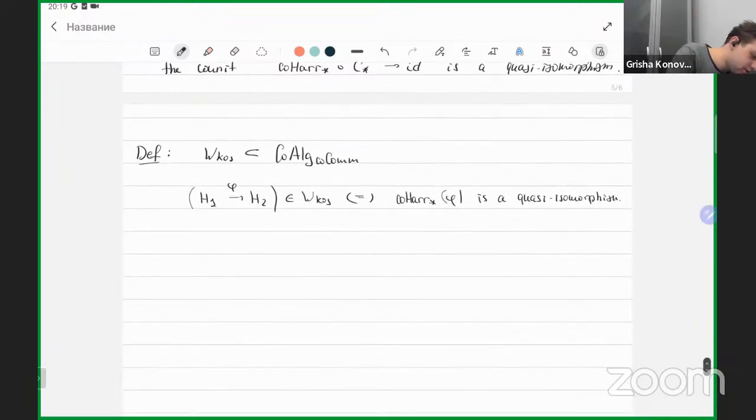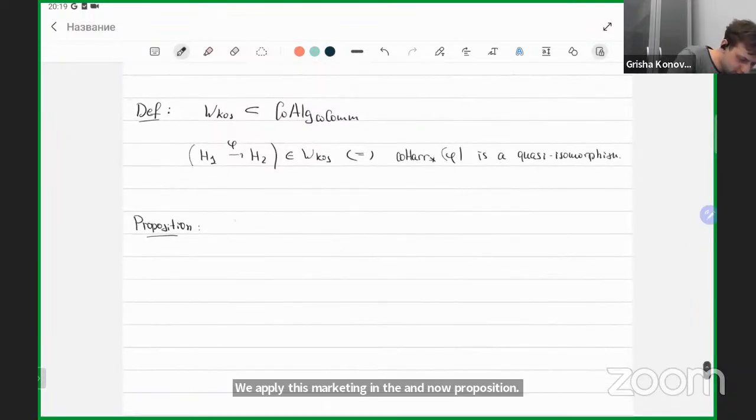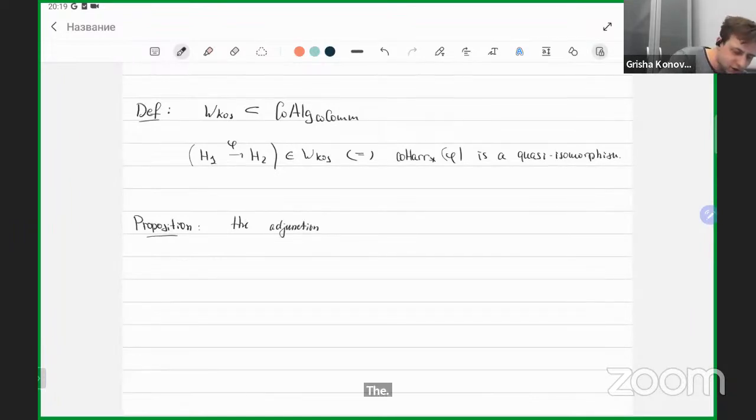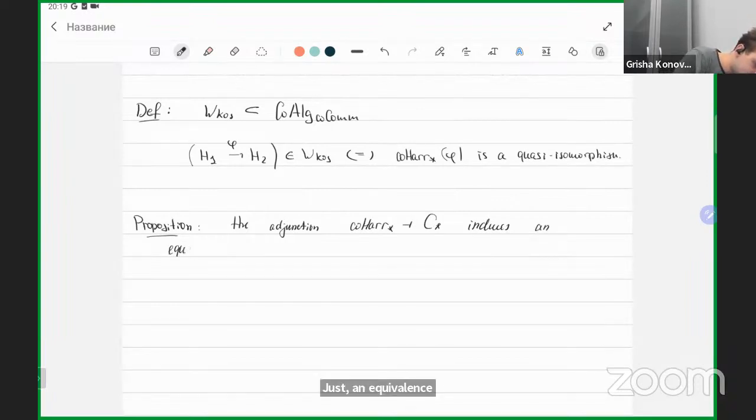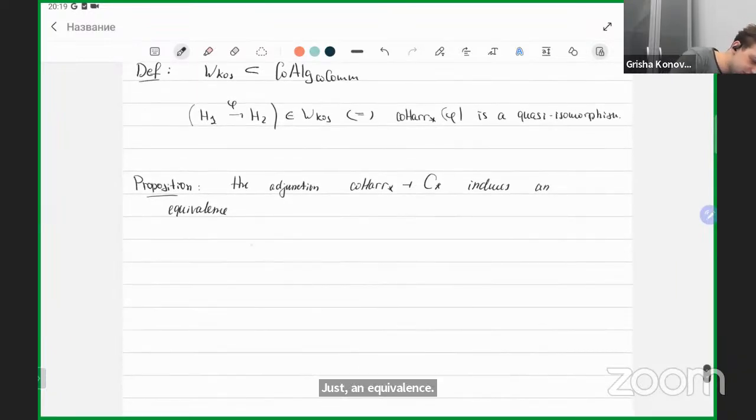And now the proposition: the adjunction induces an equivalence of infinity categories.